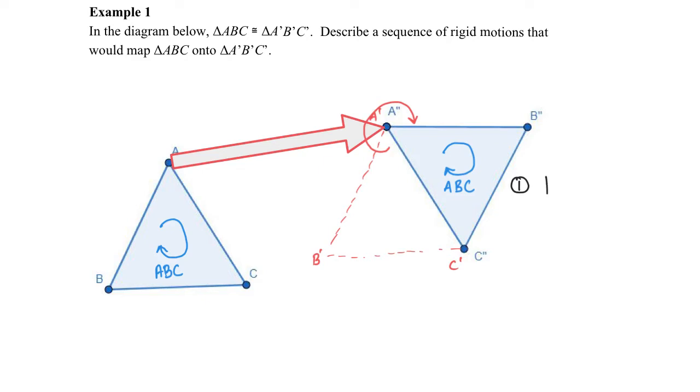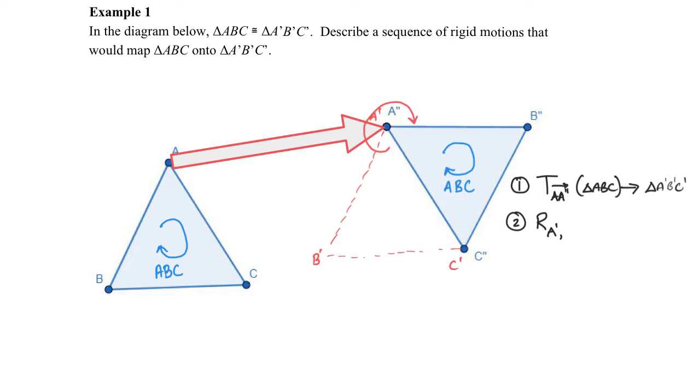In step one, we translated along vector A A double prime, triangle ABC, which gave us triangle A prime, B prime, C prime. And then what did we do? We rotated, big R, about point A prime.